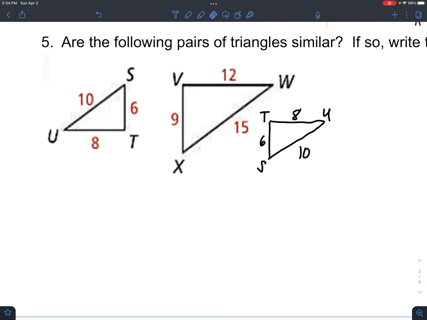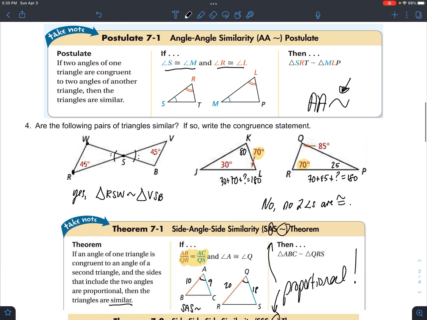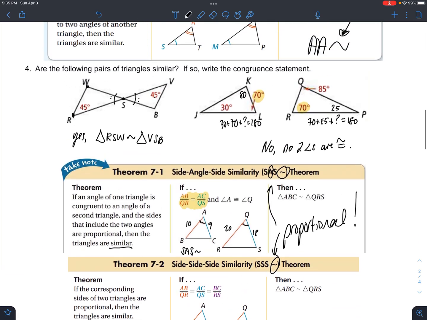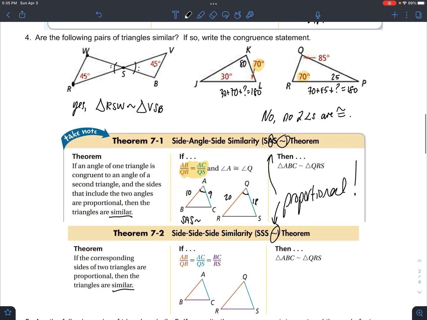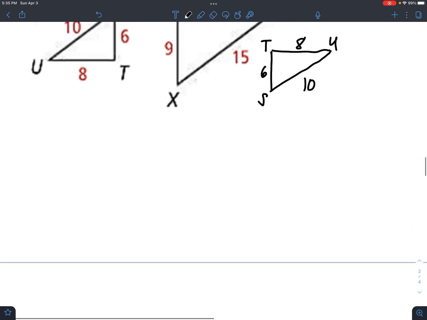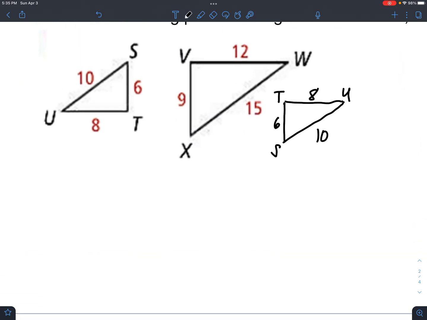This has nothing to do with angles. You see, none of the angles were labeled. So out of our 3 theorems, I think this might be SSS similarity. So let's see if it's true that all 3 sides are proportional. So I'm just lining these up.